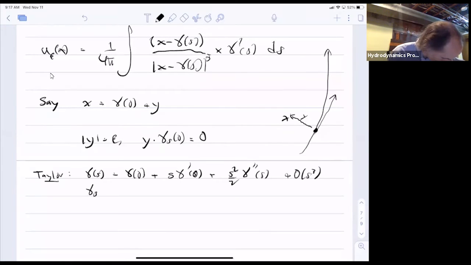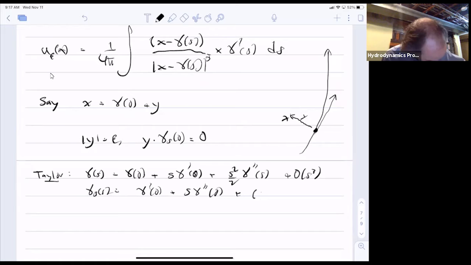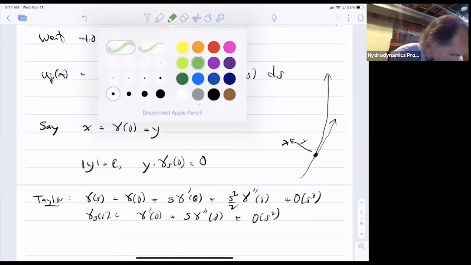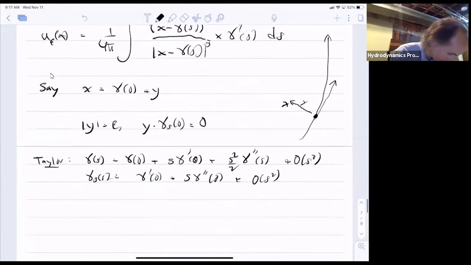And gamma sub s is this. Okay, let's look at these Euclidean norms. I want to just replace all these things by their Taylor expansions. For example, I'll come back in a second and do this. But let's look at this.